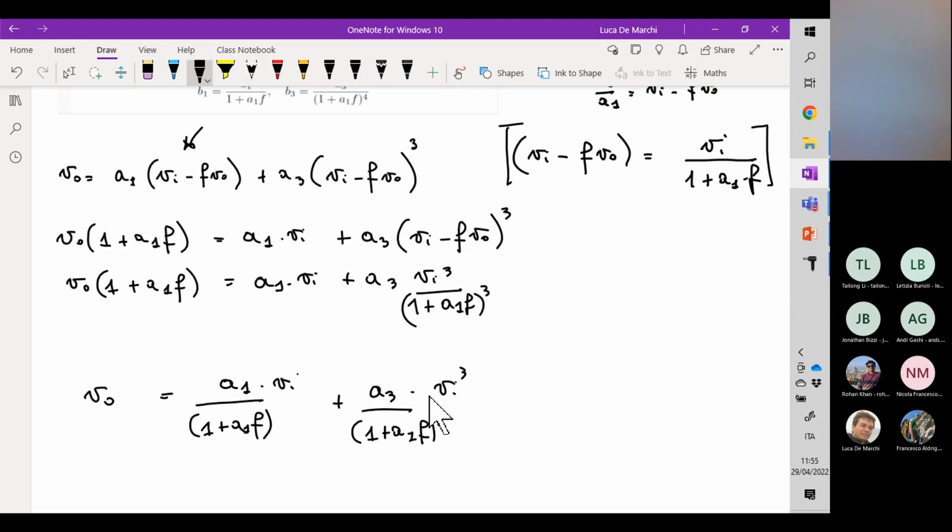Another important effect is related to the fact that if A null times F is much larger than unity, the gain at DC of the amplifier in the feedback loop is more or less equal to 1 over F. Again, T null is more or less A null times F, which is much larger than unity.